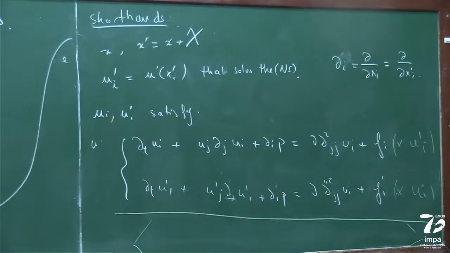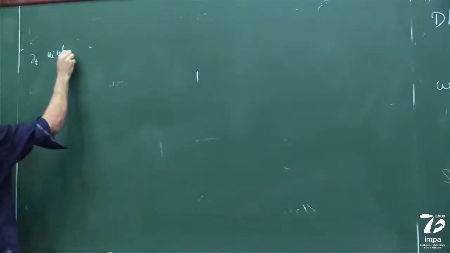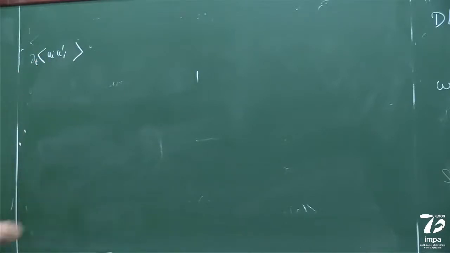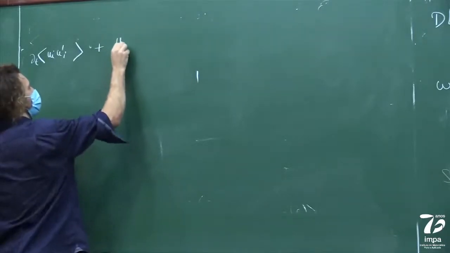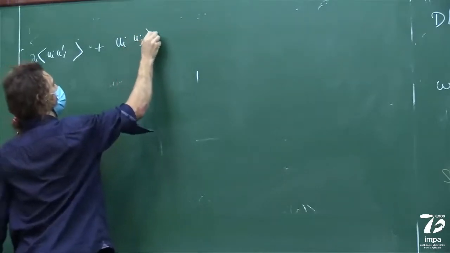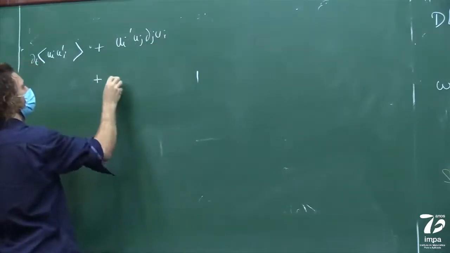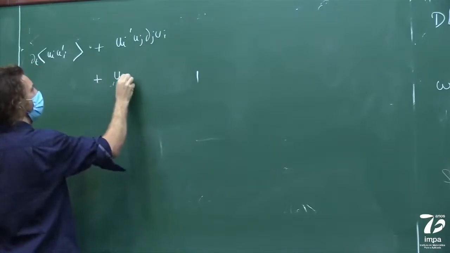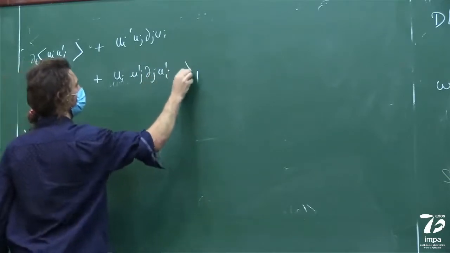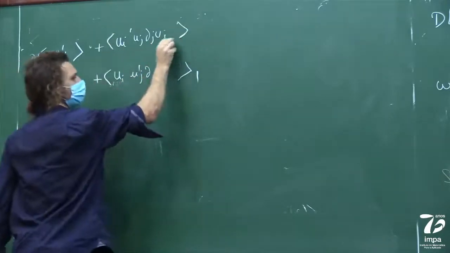We get that dt of ui u prime i, this is the first term, plus u prime ui uj plus u prime j u prime i. This is the second term.